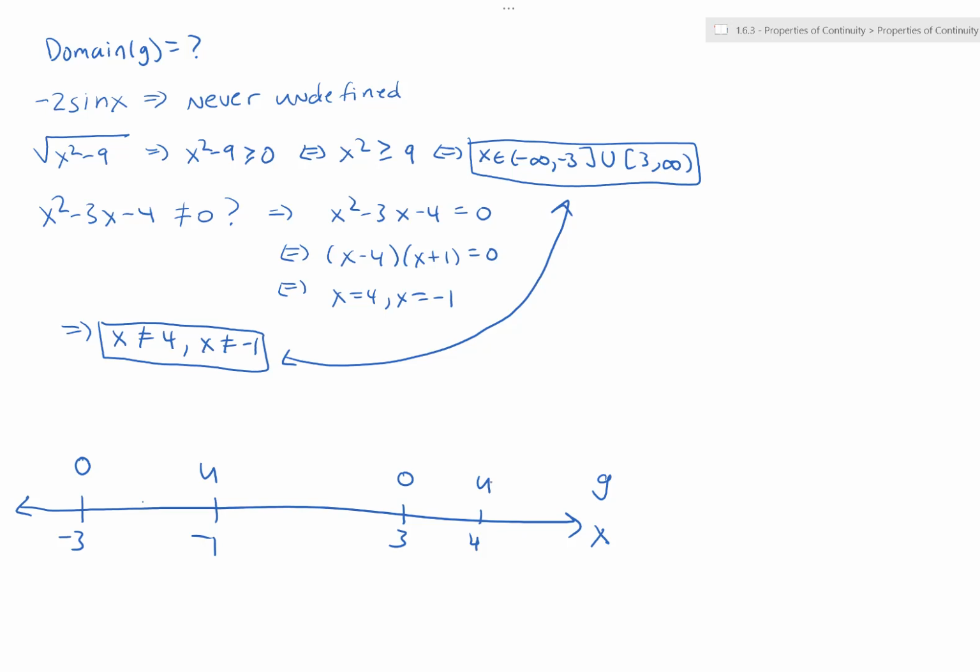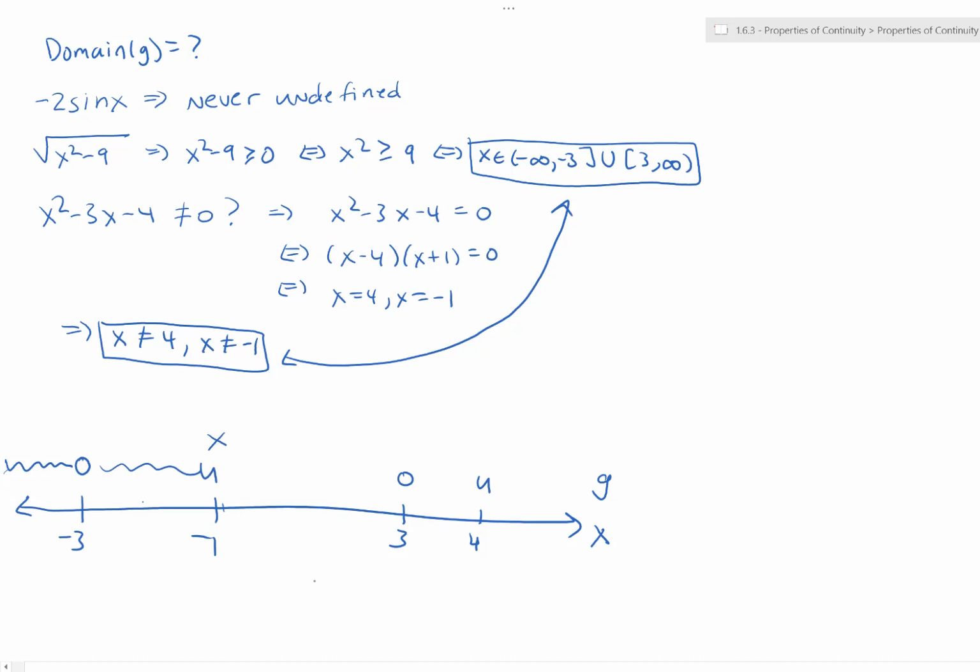And so you say, okay, where is everything true simultaneously? Well, we know we have to be coming from this interval, negative infinity to negative 3. What about between negative 3 and negative 1? Well, we're all good except this problem spot right here at negative 1, because we know we're undefined. 0 is okay, undefined is not.